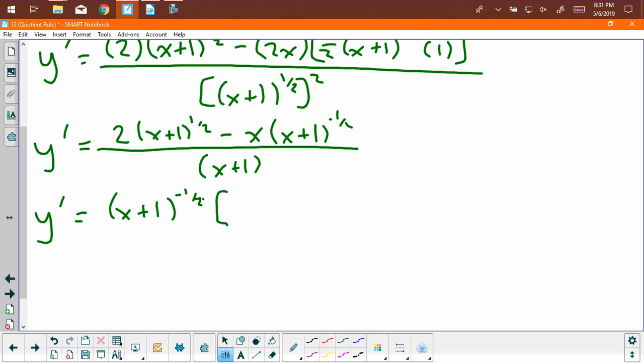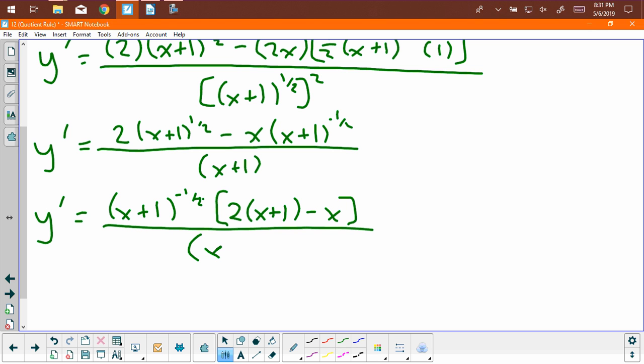From the first term, when I factor that out, it's x plus 1 to the 1/2 divided by x plus 1 to the negative half. So I'm going to have 2 times x plus 1. And from the second term, I'm factoring out the x plus 1 to the half, so I'm just going to have negative x left. It's all over x plus 1.